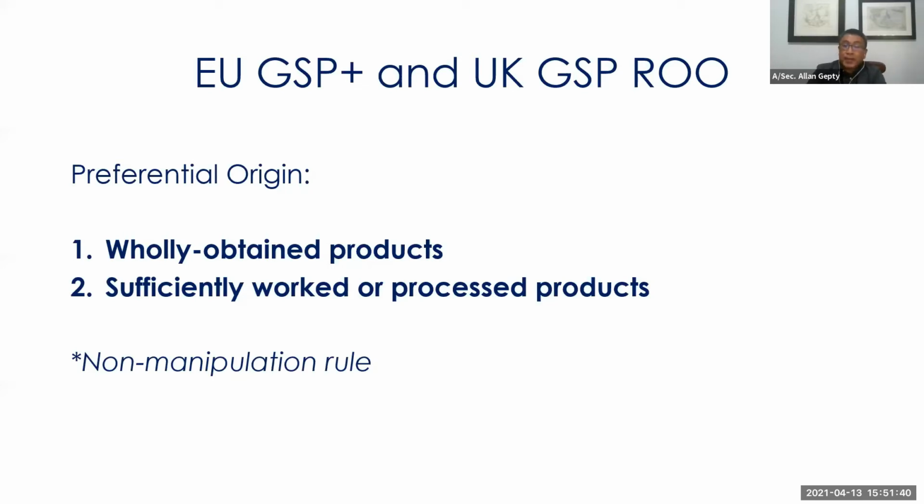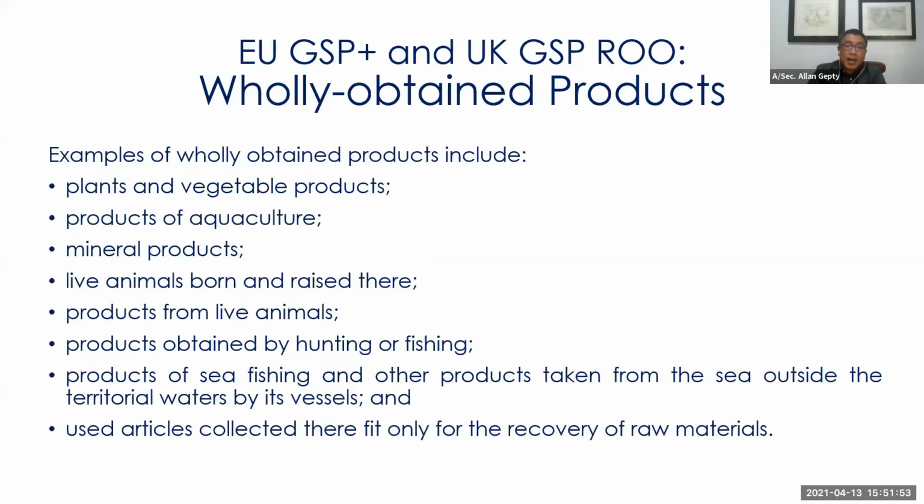Apart from tariff preferences, both the EU and UK GSP enhanced framework generally impose the same rules of origin to GSP beneficiary countries. Now, what do we mean by wholly obtained products? Products that are wholly obtained in a GSP beneficiary country means that only that country is involved in the production.